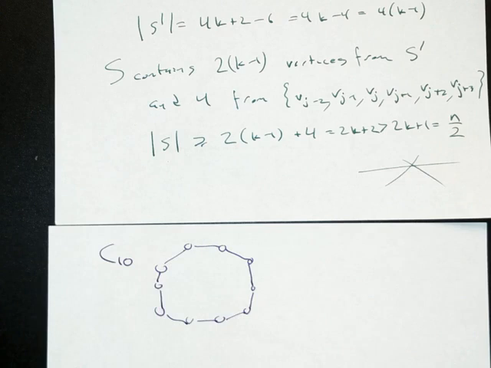I want n plus 2 over 2. What's n plus 2 over 2? 6. I want 6 vertices to dominate the rest. Where's my set of 6?